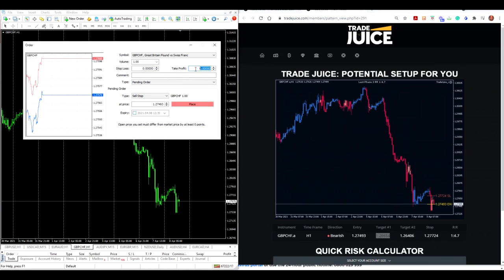Entry has just been hit, and so we're in the trade, and I'll be back to monitor progression of the trade. That's my target there, that's my stop loss, and there's where price is at the moment.